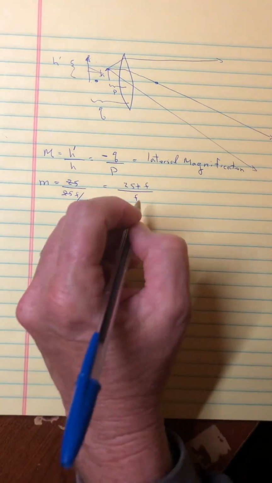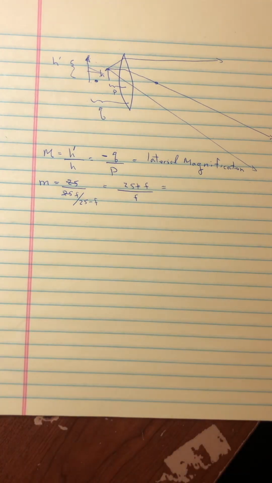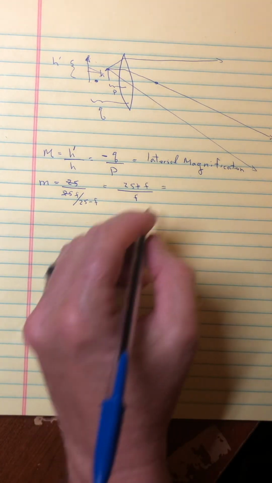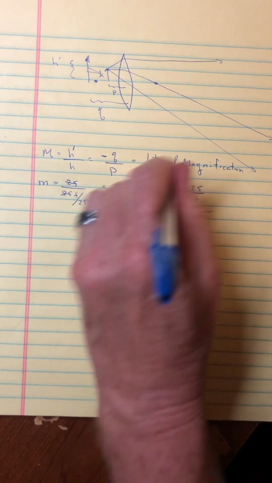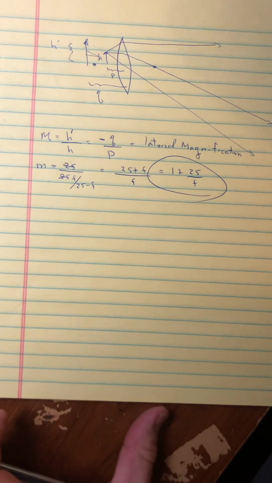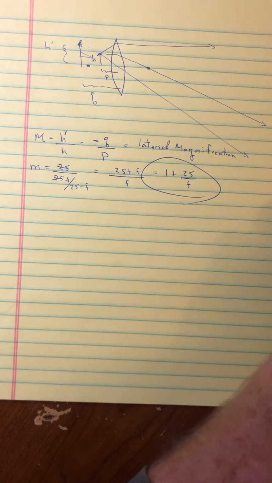That should be a plus because the answer, which I've used many times, is 1 plus 25 over f. And so that's the angular magnification from just what we call a simple magnifier.